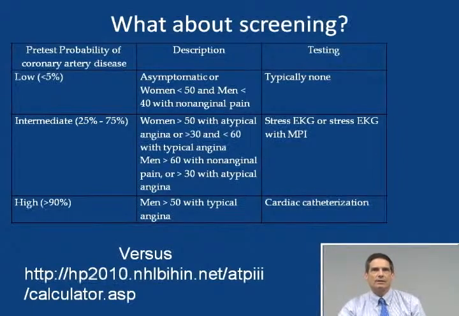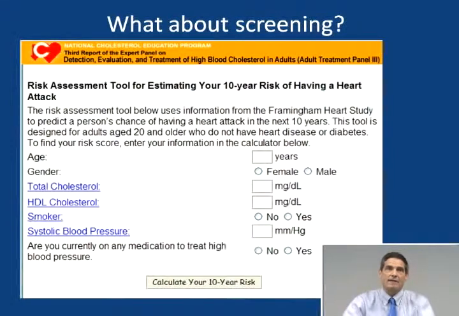Absent a current infarction or a known stenosis, in a patient even without any chest pain, what's the risk of a future event? You can calculate that on the basis of age, sex, total cholesterol, HDL cholesterol, smoking status, systolic blood pressure, and whether or not the patient's on antihypertensives. It's a lot of variables, but basically those are all pretty readily obtainable.